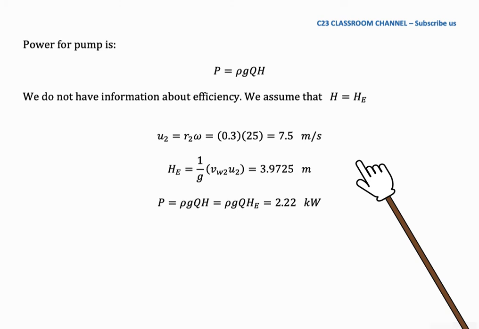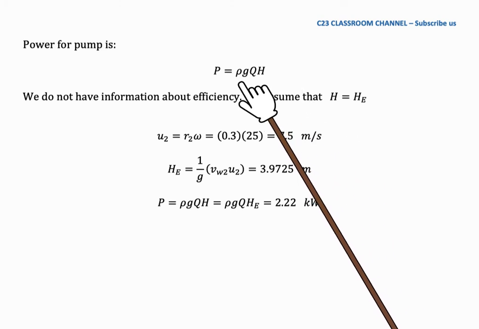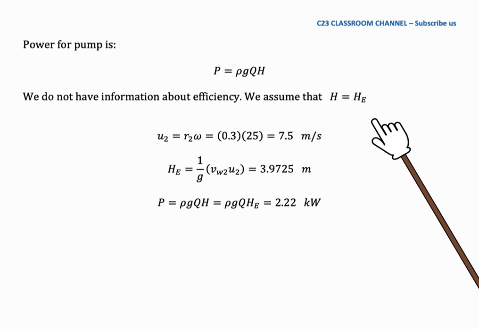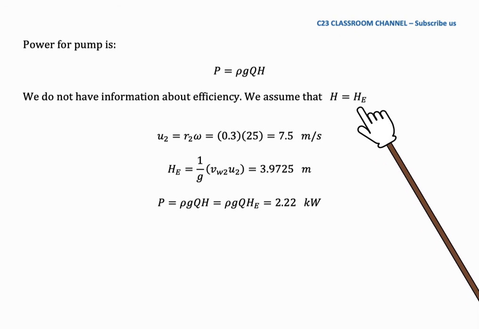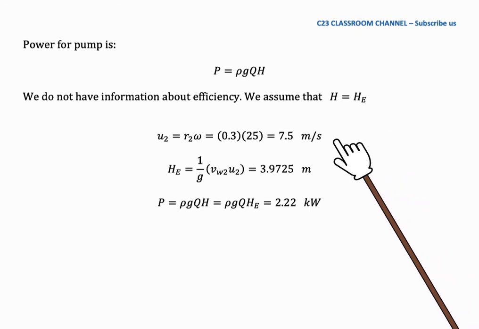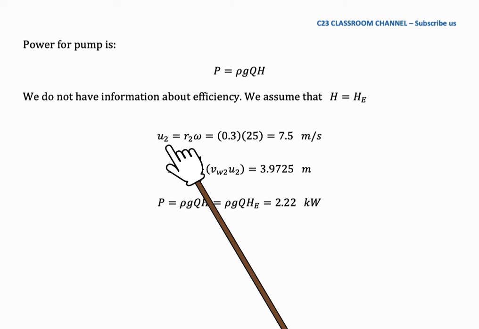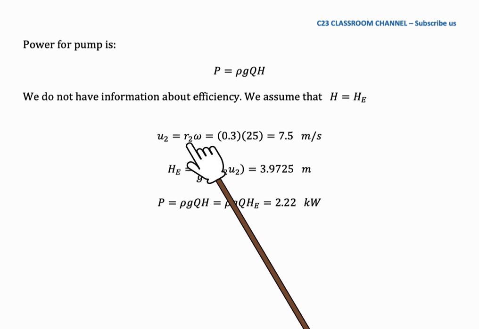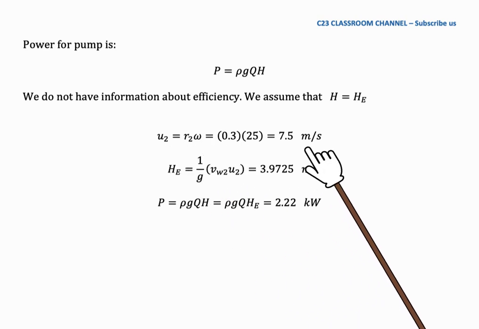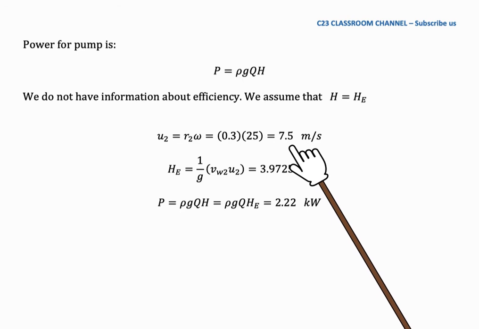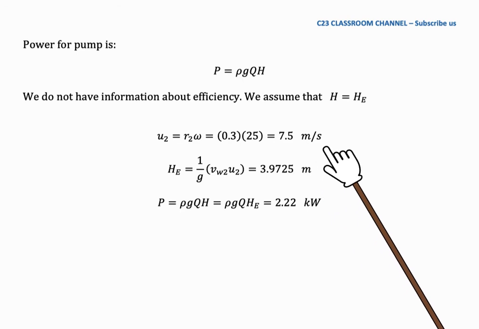And to calculate power for pump, the equation is P equal rho g Q H. We don't have any information about efficiency, so in this question we assume that H is equal to Euler head. We could calculate the value of U2 here by R2 omega, and it is equal to 7.5 meter per second.